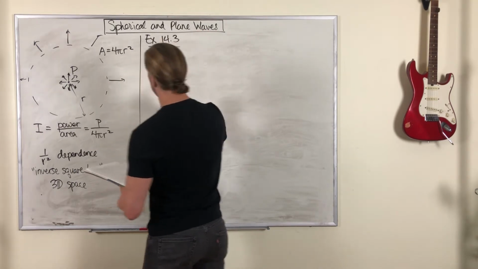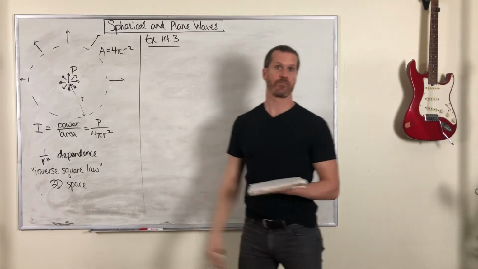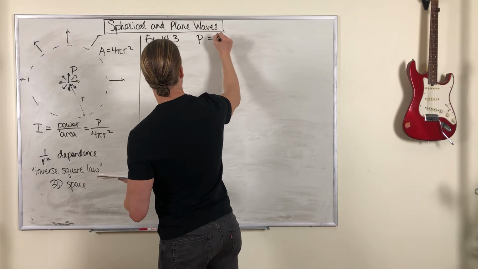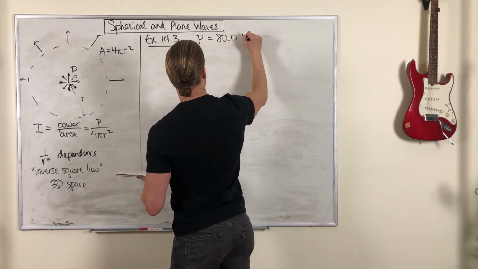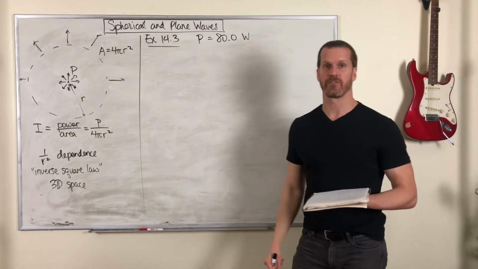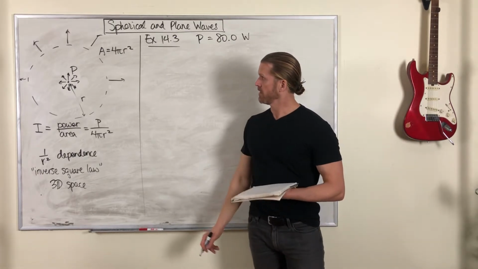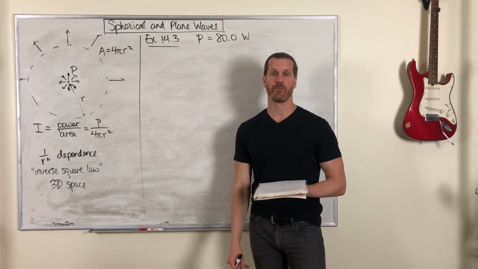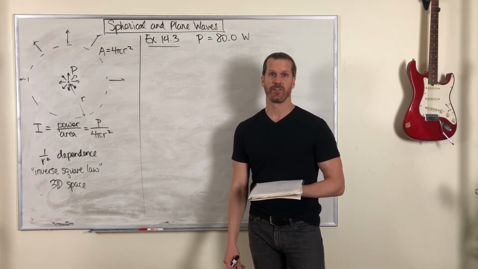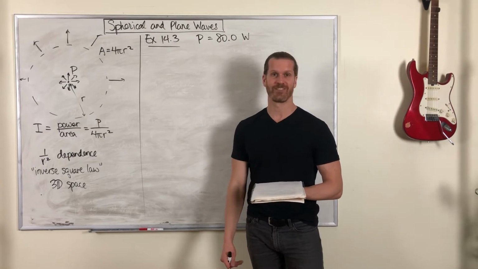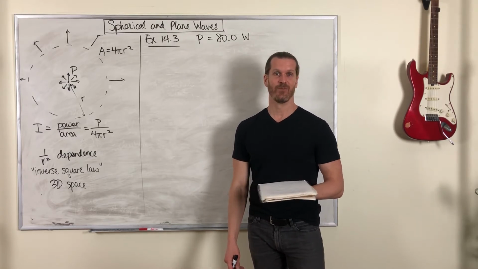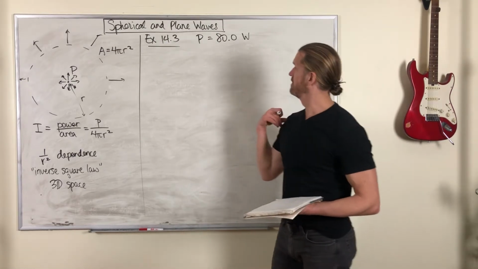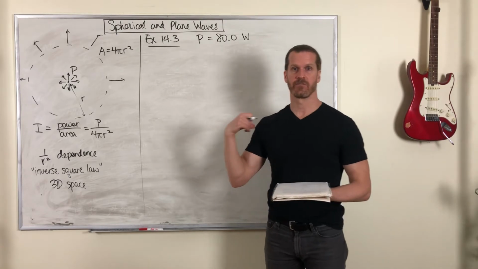Okay, in this example we have a small source that has a power output of 80 watts. By the way, if you have a stereo, it will tell you the power output of that stereo if you ever want to do some of these calculations at home or in your car. 80 watts, that'd be pretty common for a stereo.